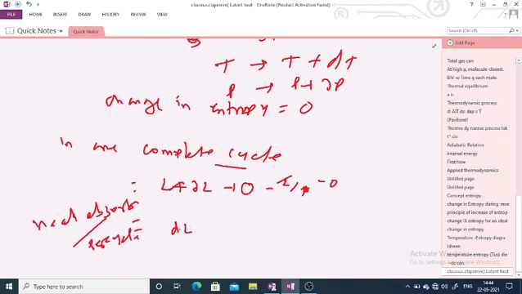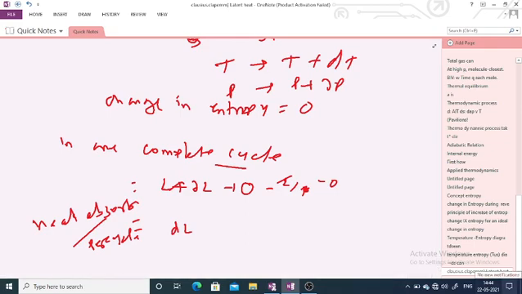Now the system comes to its original state, that is, there is one closed loop or closed cycle. If we remember, internal energy is a state function.